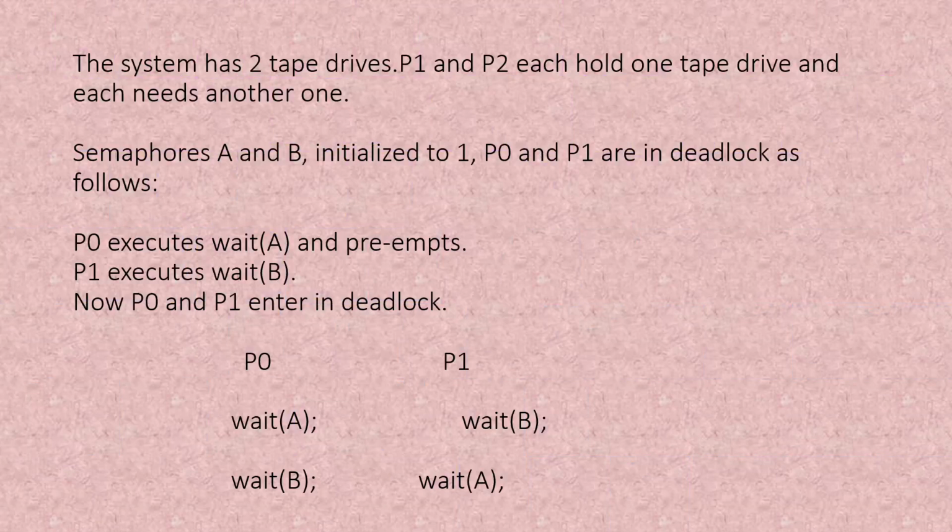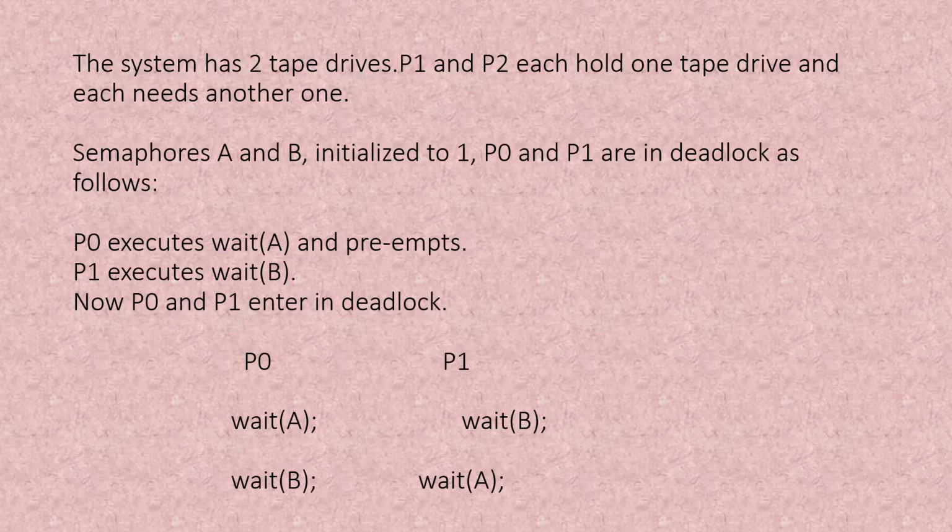Now, the scenario describes a deadlock in a system with two processes P0 and P1 and two tape drives and semaphores A and B. Process P0 executes wait A and preempts, meaning it is waiting for semaphore A to be available.